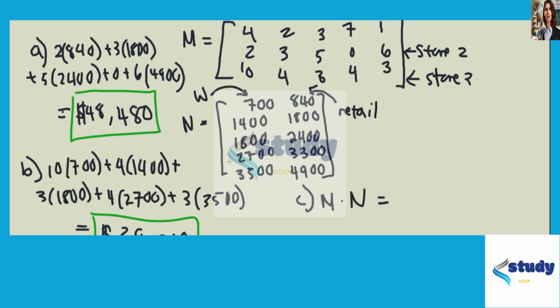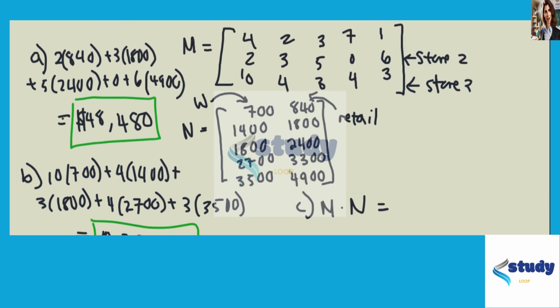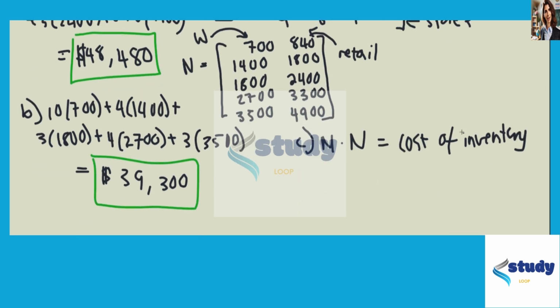So we can create a product, and the interpretation is that it gives the cost of inventory at both wholesale and retail prices in each store.